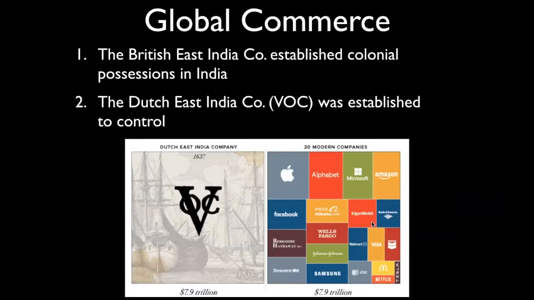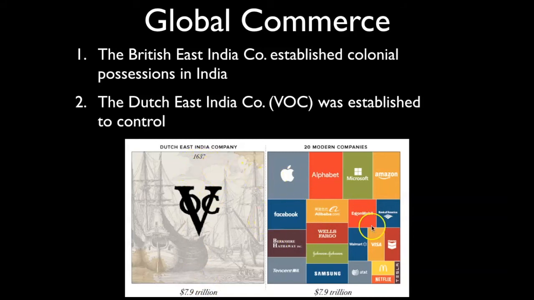Another important joint stock company was the Dutch East India Company, or the VOC. They were developed to establish exclusive control over the spice trade. And just how wealthy and powerful was the Dutch East India Company? You see this image showing you $7.9 trillion was the estimated net worth of the Dutch East India Company in 1637.